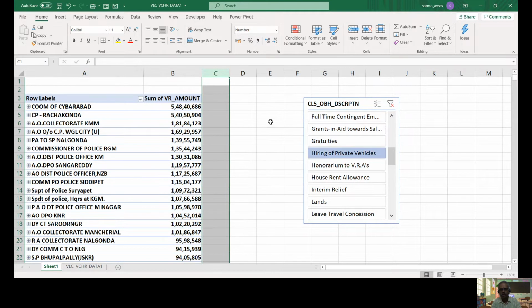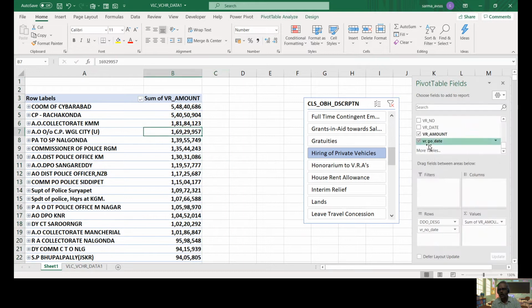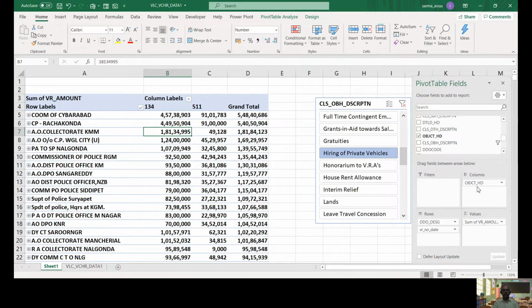Right, so I have selected two fields. Actually what I will do is put this object head in the columns. I think 134 is hiring of vehicles and 511 is the maintenance of vehicles.